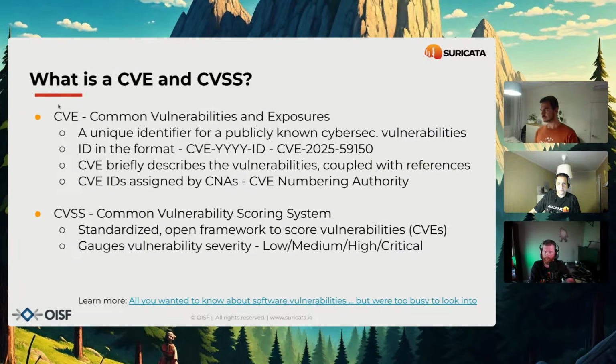And yeah, it's basically an open framework that allows you to calculate such a score, and it goes through multiple versions. It's kind of interesting to keep an eye on.